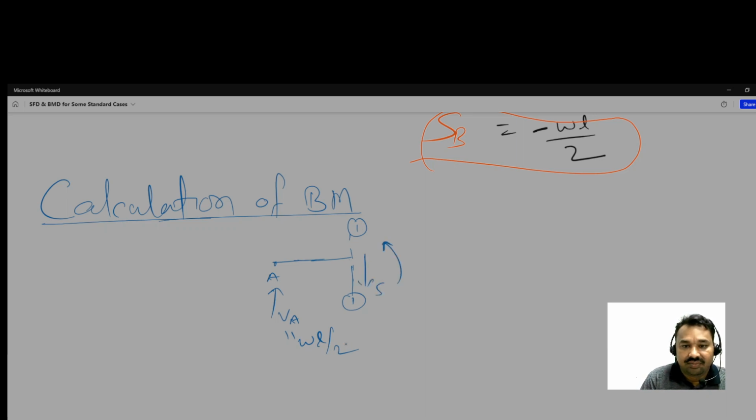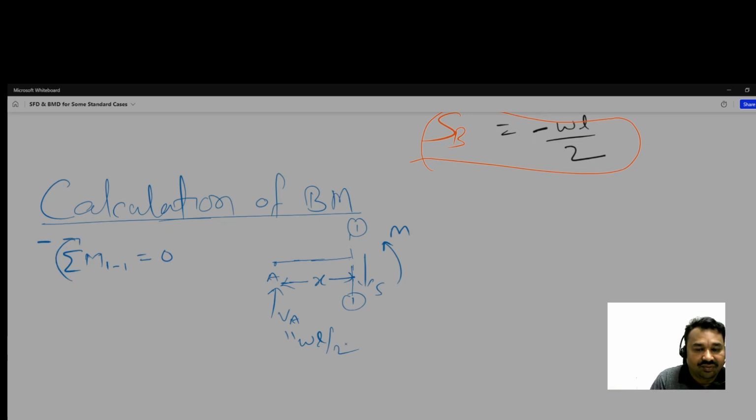This is the bending moment M. Okay, so summation of bending moment about section 1 is equal to 0, and this distance is x.